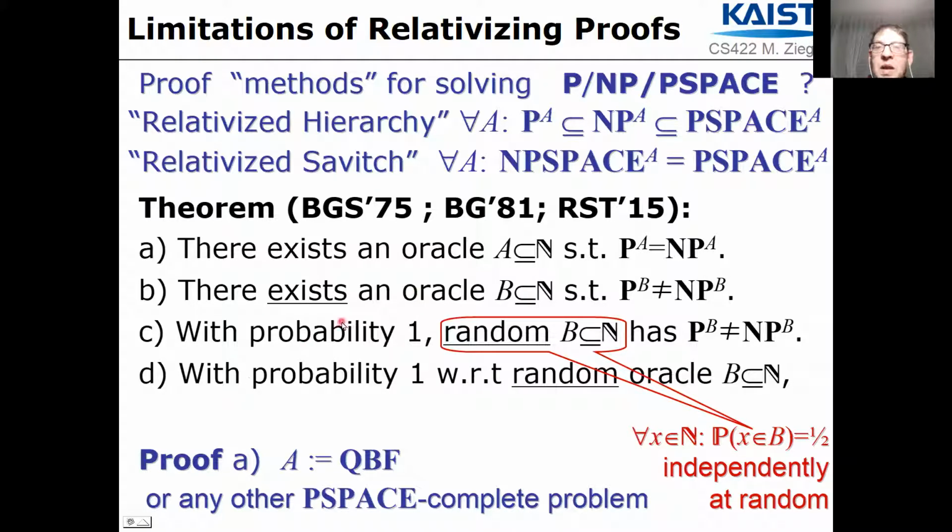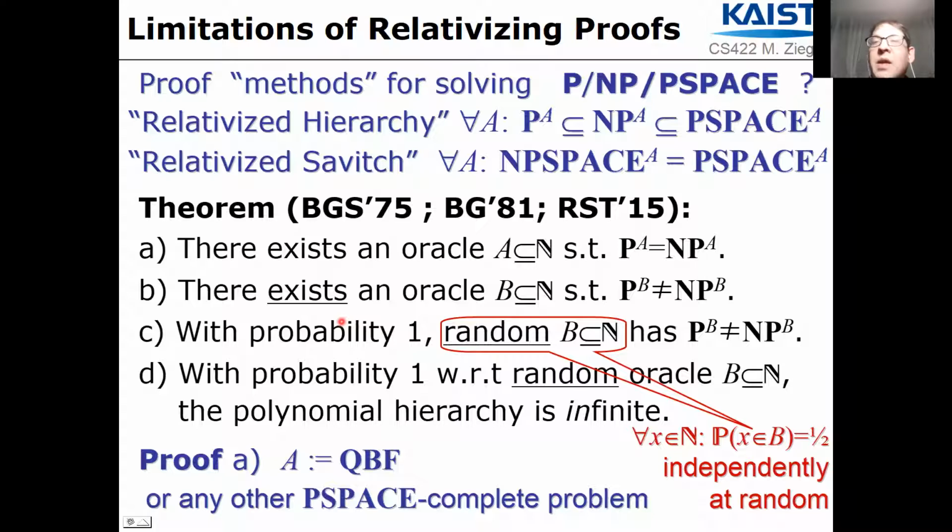And Rossman and others have shown in 2015 that with respect to any random oracle, with probability 1, this hierarchy is infinite, so it climbs up infinitely high, and particularly that implies the claim from item C. So we're not going to prove this.